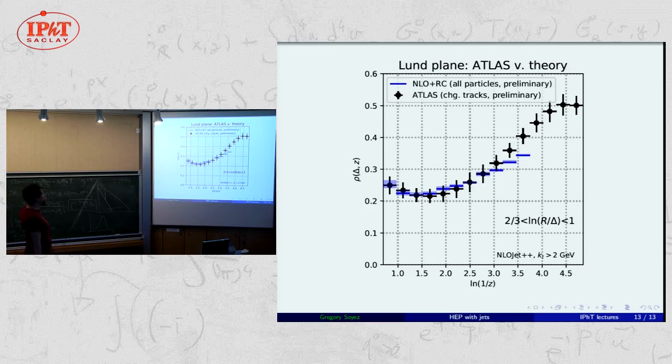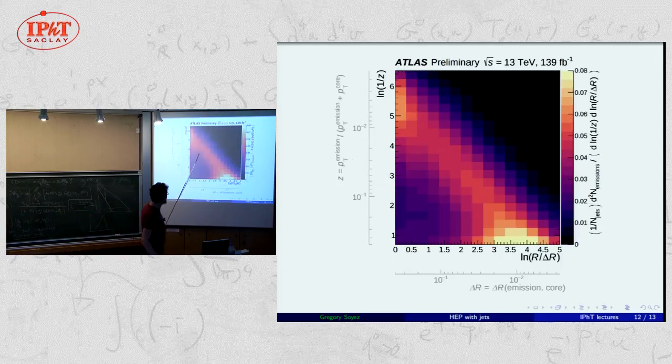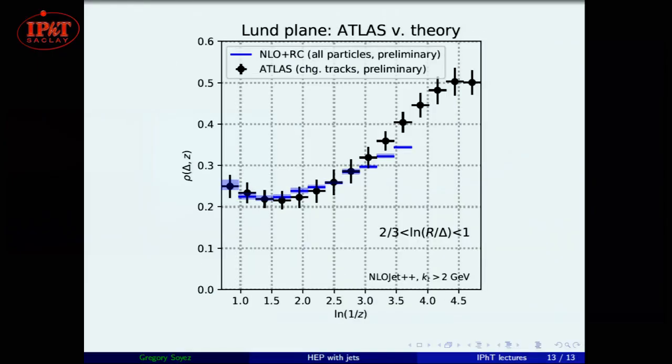But essentially, this is a QCD calculation compared to the currently unpublished ATLAS data. At least it's a rough approximation of the data. So again, it's taking a slice of constant angle in this plane. You can calculate in QCD, so this would be this plus subleading corrections. You do a QCD calculation of that density, and you compare the data to the QCD calculation.